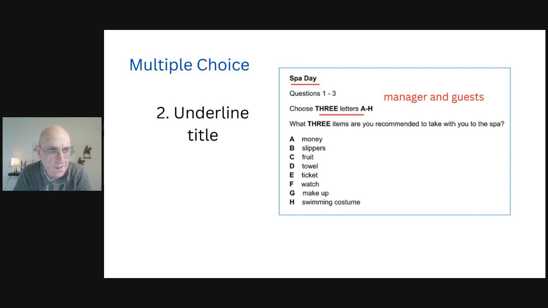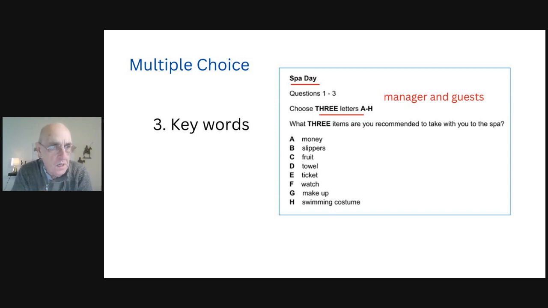So in the listening section, as with every question, you answer right in the booklet as you're taking the test. So underline the title just to have that extra information about the context of what you're going to be listening to.